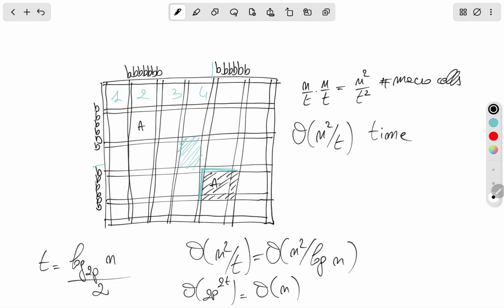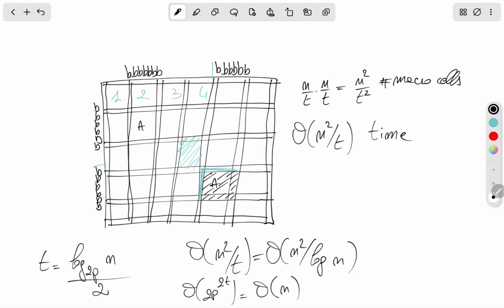Another point that we need to discuss is that everything here is on a square matrix n by n, with square submatrices t by t, and what I have, at least implicitly, assumed is that I can cover my large matrix with smaller submatrices.